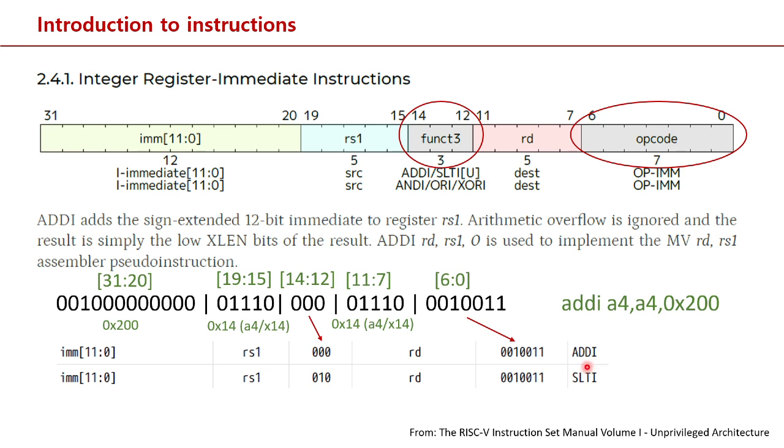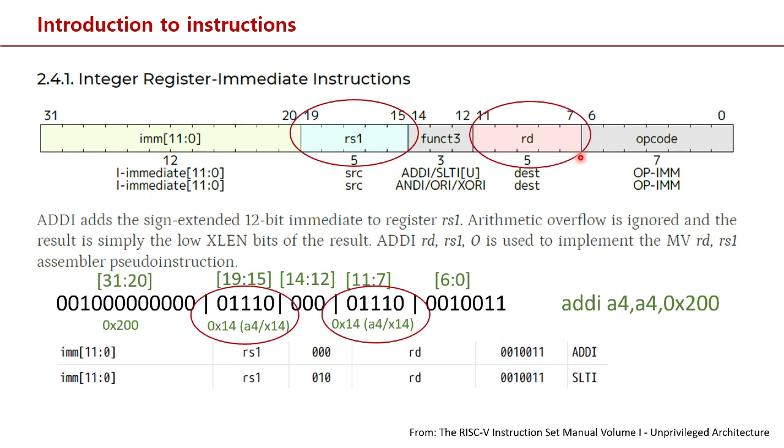For details, I recommend you look at the reference manual, named RISC-V Instruction Set Manual Volume 1, Unprivileged Architecture. So we interpreted the most important part of the machine code, the mnemonic. Based on this information, we can derive the critical information, which is the mnemonic for this machine code.